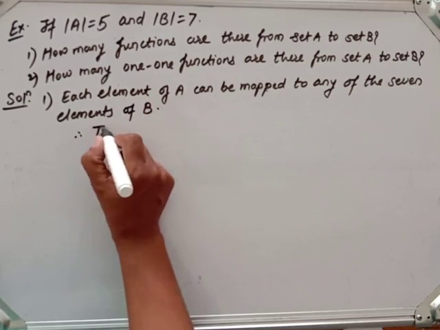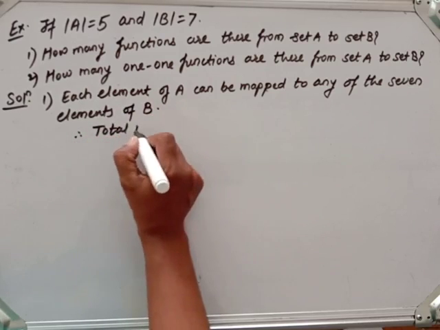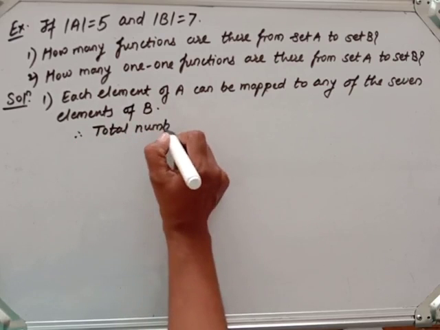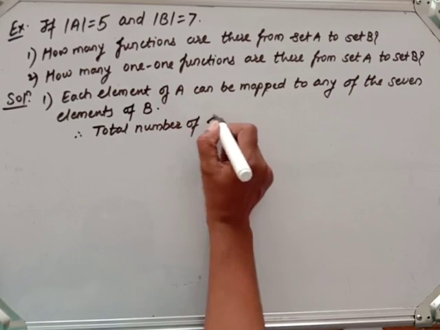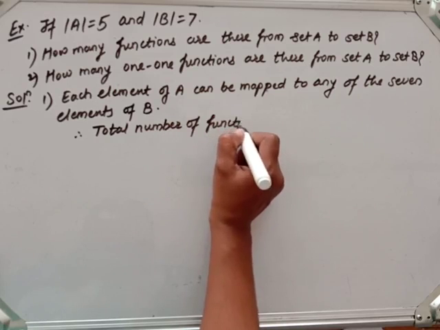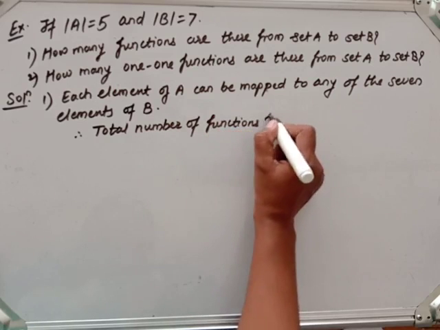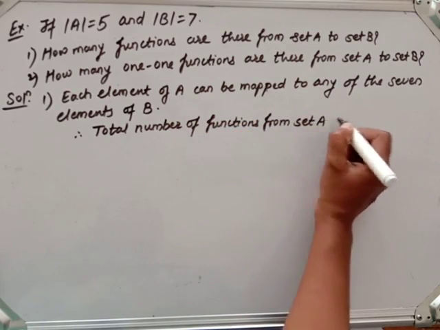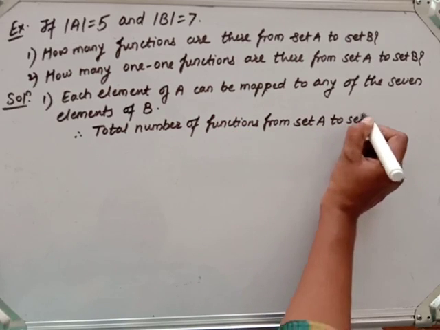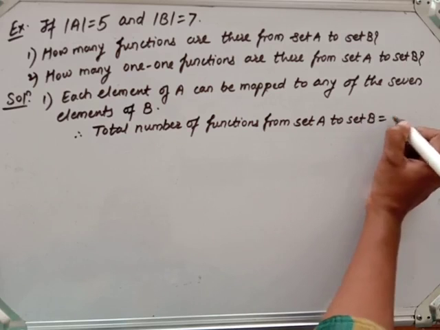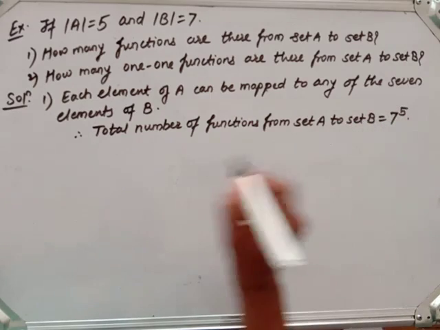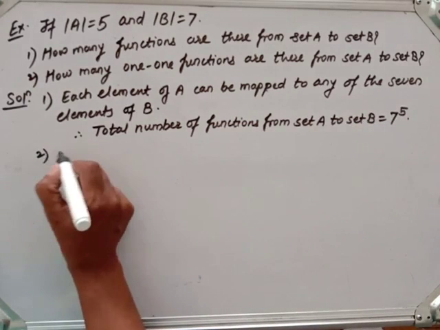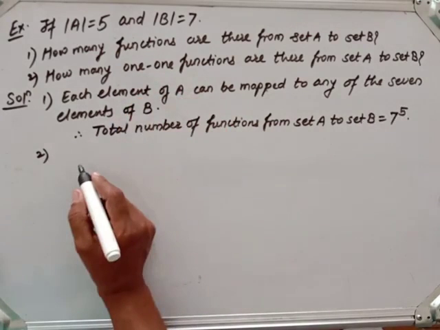Therefore, total number of functions from set A to set B equal to what? 7 raised to 5. Now the second one is that how many 1-1 functions are there.